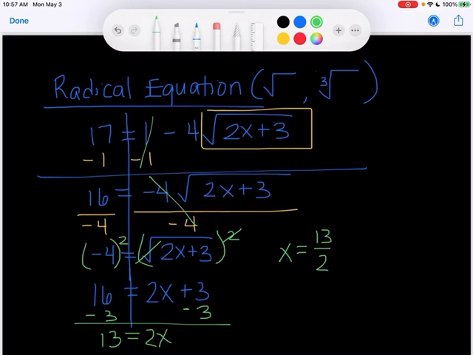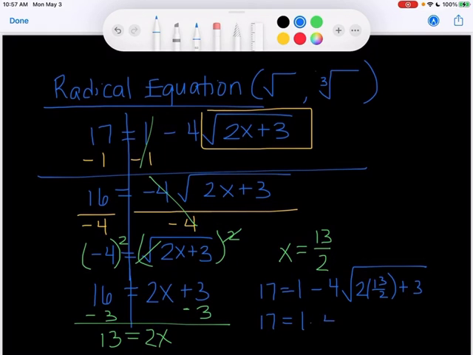But when you go back to plug this in, 17 equals 1 minus 4 times the square root of 2 times 13 halves, plus 3. Well, 2 times 13 halves is 13, and then 13 plus 3 is 16. So we get 17 equals 1 minus 4 times the square root of 16. The square root of 16 is 4.